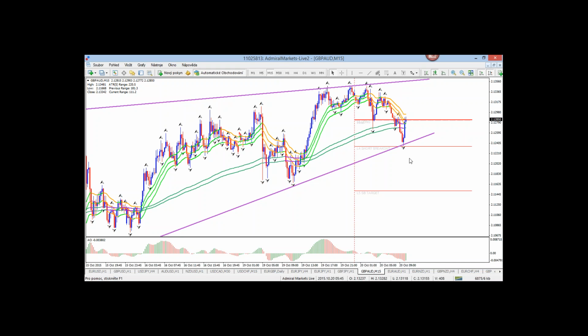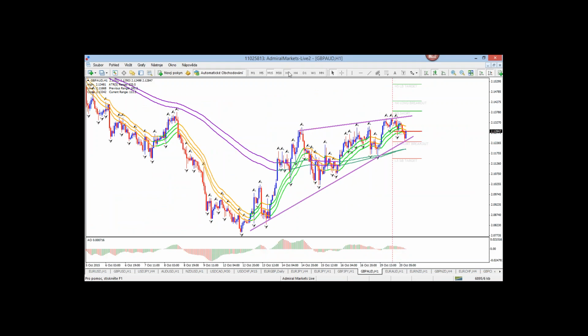I think that a breakout below this trend line, below this L4, could signal that breakout to the downside. From an hourly perspective, it really probably gets interesting lower, even probably below this level.